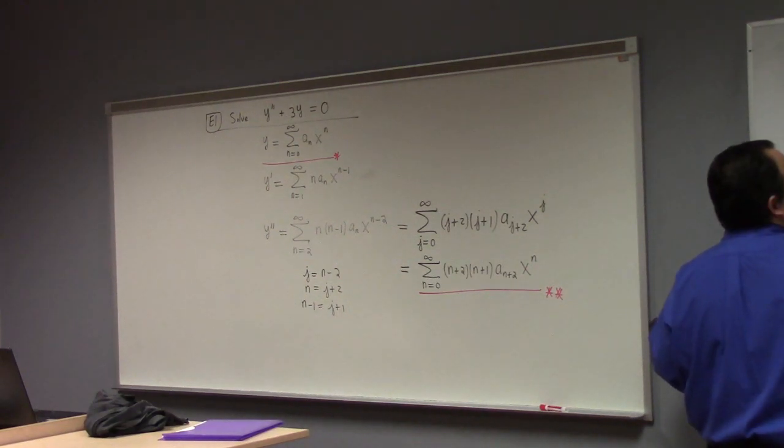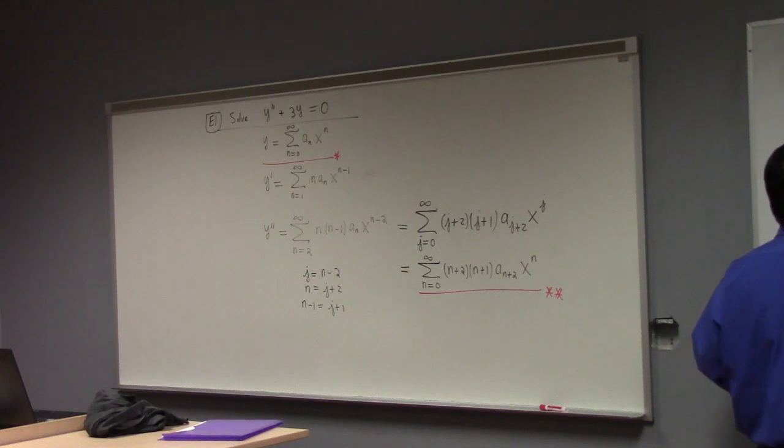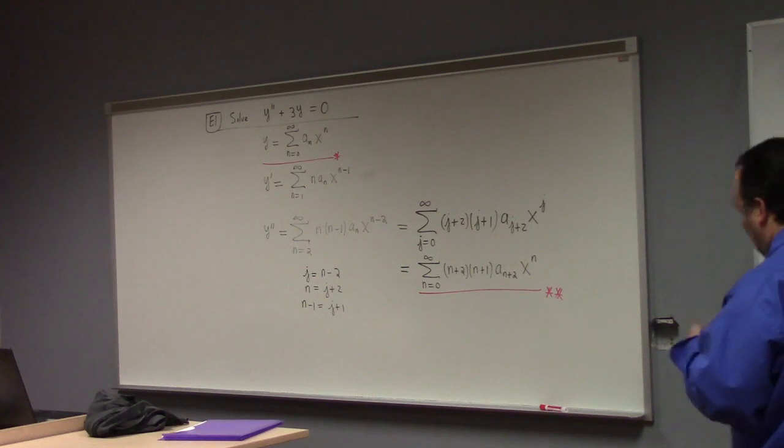We've got actually the sum n equals 0 to infinity of (n+2)(n+1) a sub n+2 plus 3 a sub n, times x to the power n, is equal to 0.